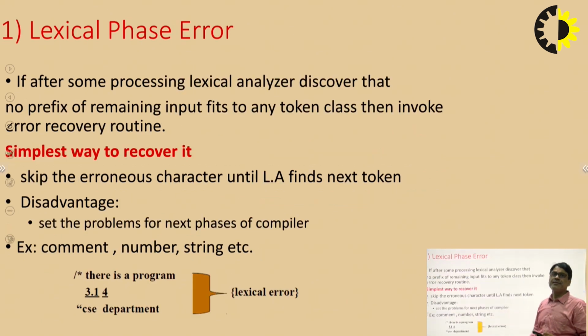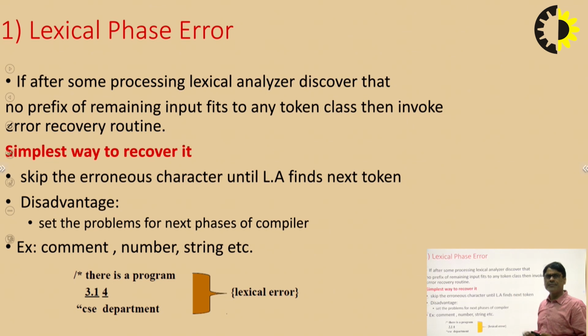Now the first kind of error is called lexical phase error. It comes into the category of lexical error, where we take a source program as input and generate tokens in the form of simple variable expressions, different operator symbols, keywords, and identifiers.